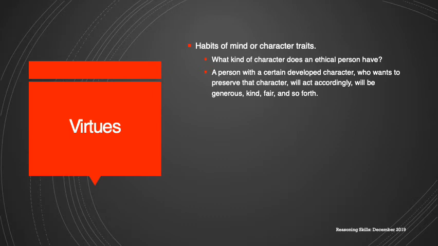A person with a certain developed character who wants to preserve that character will act according to that character. You be the person you want to be. If you want to be generous, you'll act generously. If you want to be kind, you'll act kindly. Same goes for fairness and so forth.